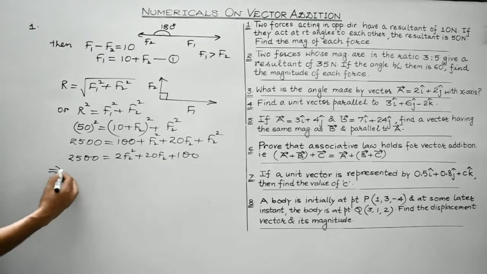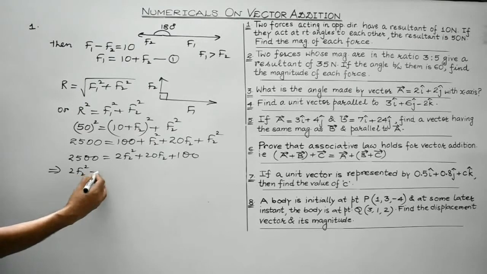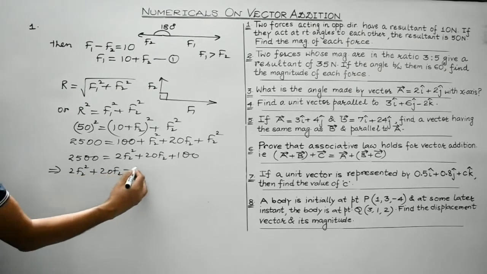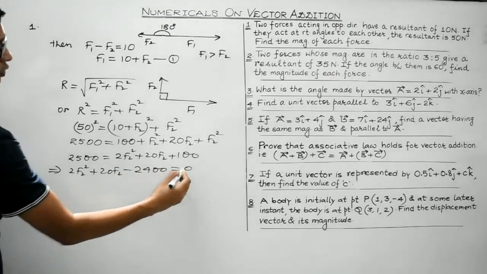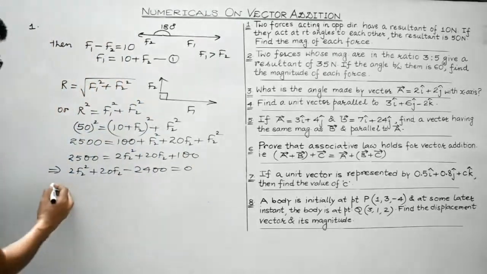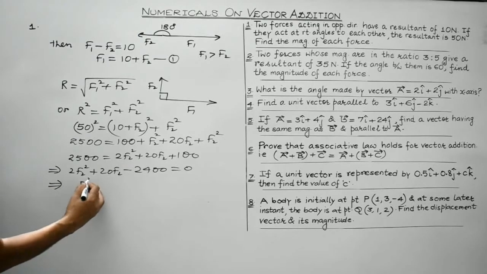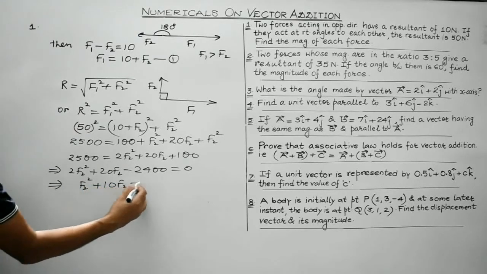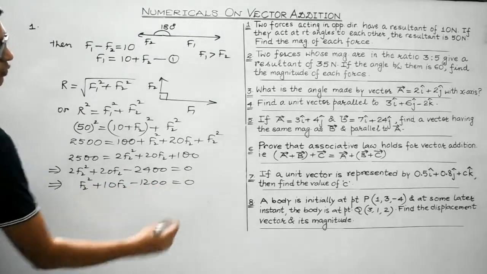So after rearranging the terms, we get 2F2 square plus 20F2 minus 2400 is equal to 0. We can divide throughout by 2, isn't it? So we get F2 square plus 10F2 minus 1200 is equal to 0.